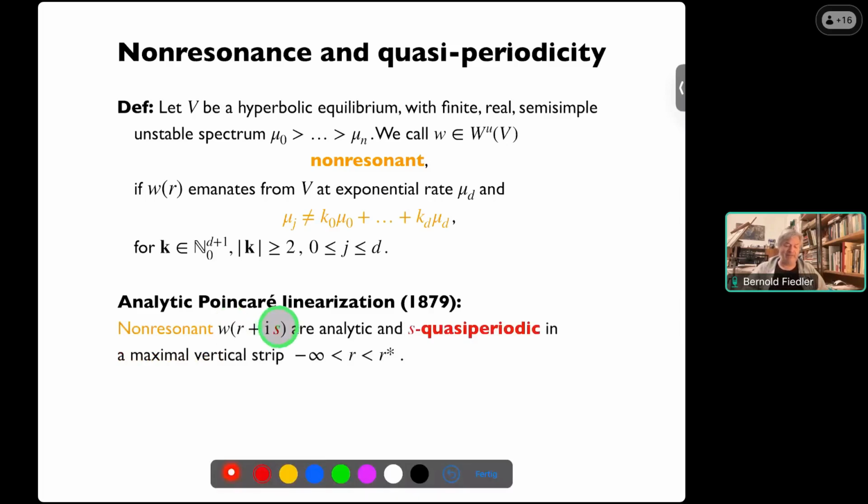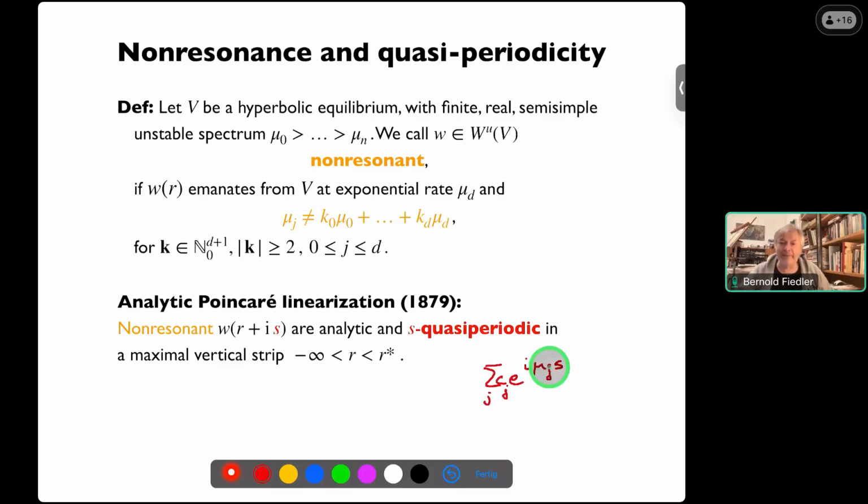And what does this mean for imaginary time? Well, if I have real eigenvalues, I have expressions like a finite sum of exponentials e^(i mu_j s) times coefficients C_j, with real mu_j.